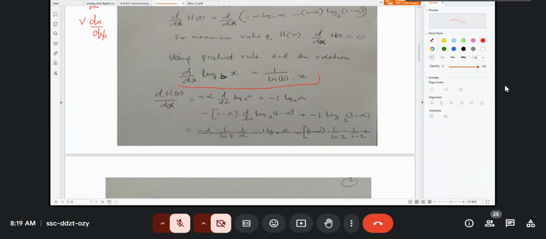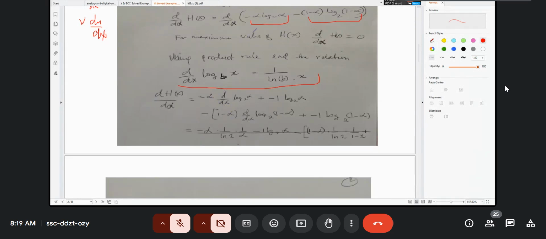So dH(x)/d alpha is given by applying the product rule to both cases, for this u and v, and this u and v.